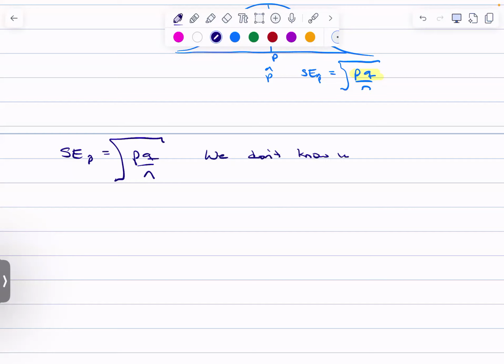Depending on whether we're going to make a confidence interval or a hypothesis test, that's going to determine what our best guess for p is. So we use our best guess for p.